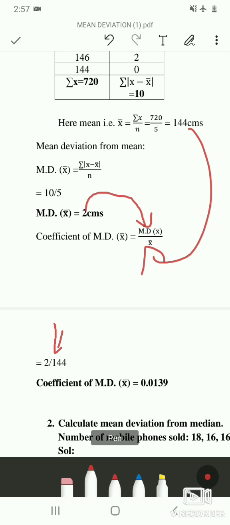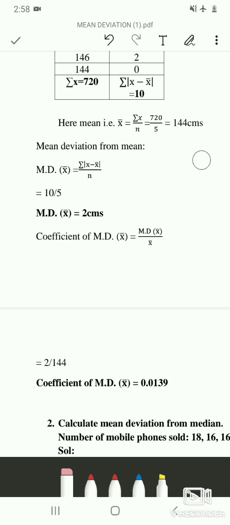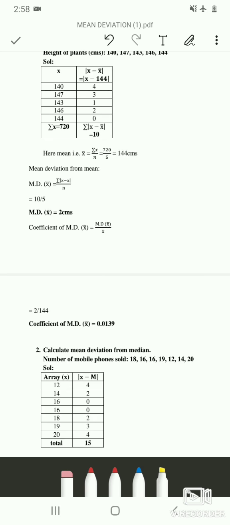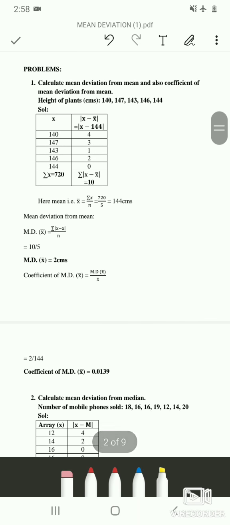So it is nothing but 2 upon 144, and the answer for coefficient of mean deviation from mean is 0.0139. So this is a relative measure, so you shouldn't write the units. So this is how you calculate mean deviation in case of ungrouped data.